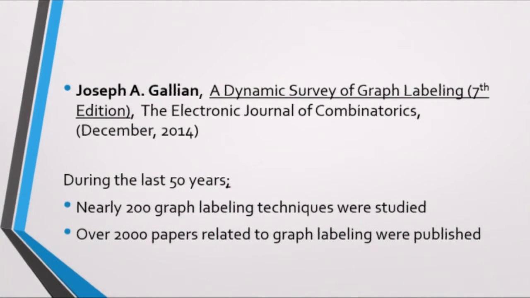He has organized them in his paper called the Dynamic Survey of Graph Labeling. So far, 200 different graph labeling techniques were studied, and over 2,000 papers were published on that topic. If you are interested in a deeper study on graph labeling, you probably want to go to that source.